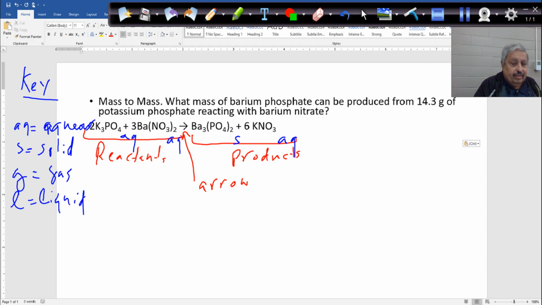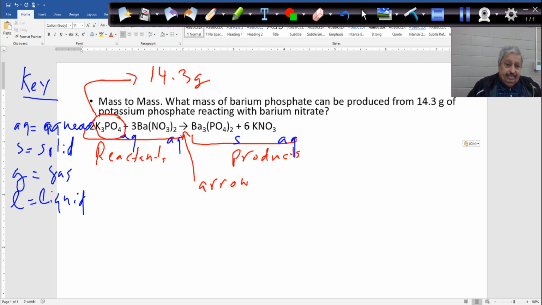So now, it gives you that you have 14.3 grams of potassium phosphate. So let's take this one out. I'll put some numbers underneath. So this one here, potassium phosphate is 14.3 grams, reacting with barium nitrate, correct?